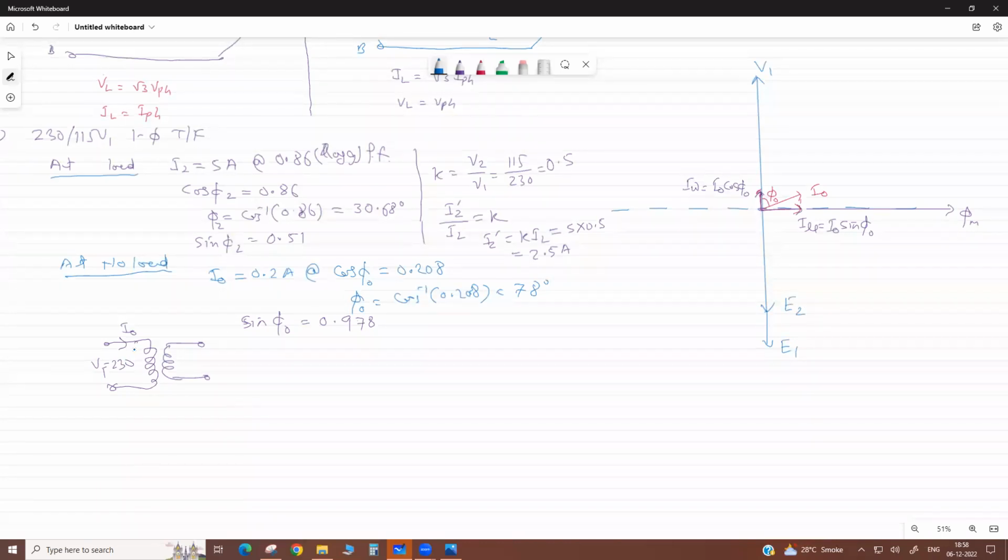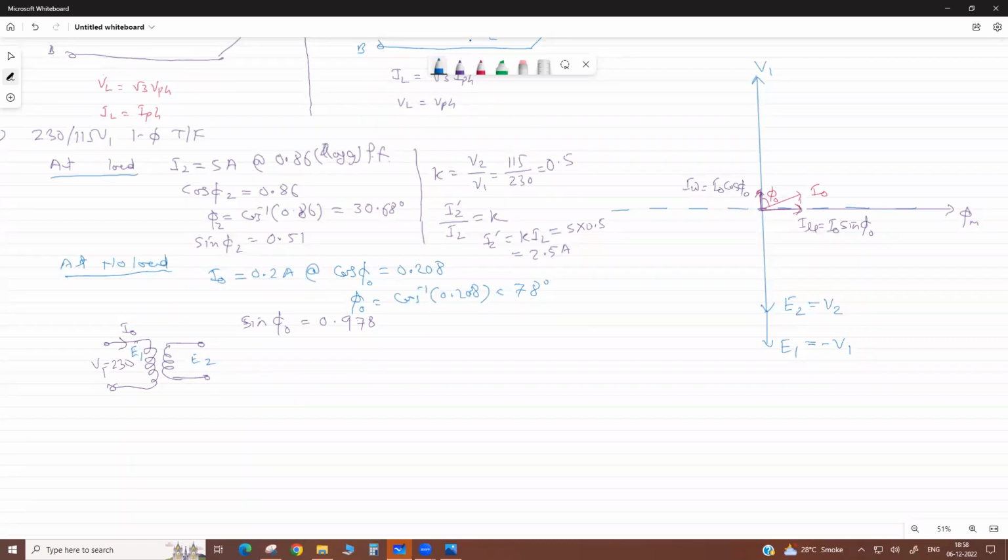This is E1 here, and here it is E2. Now we neglect the voltage drop, then V1 equals E1, but negative. V1 here, and this is your V2.